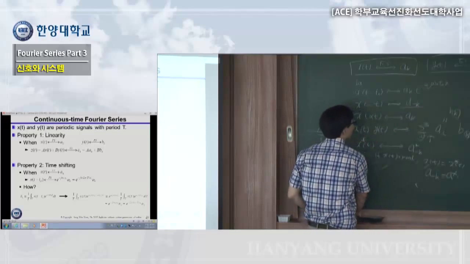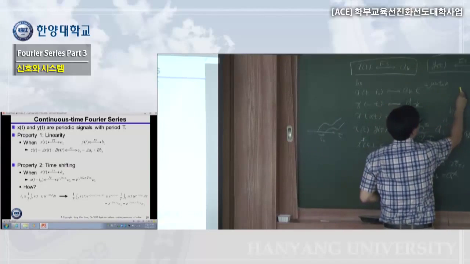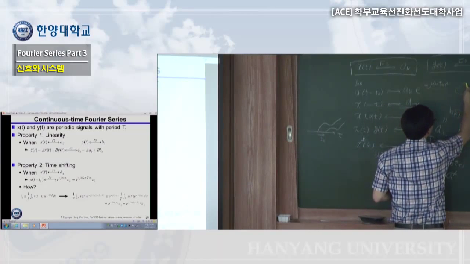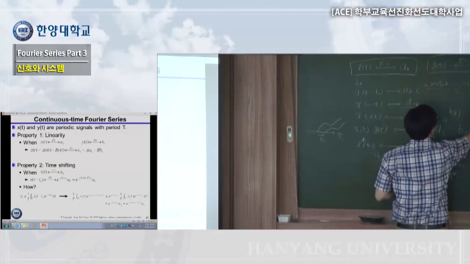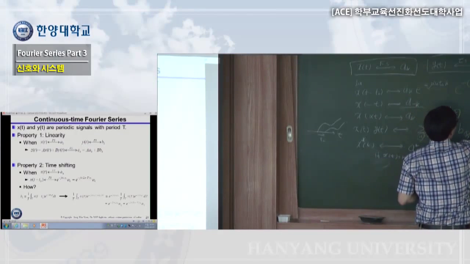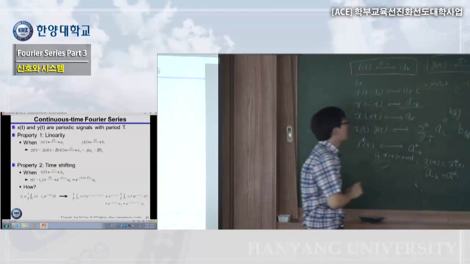So you can think of it as the exponential minus j omega 0 k, which is a typical thing you can find, times the amount of shifting.